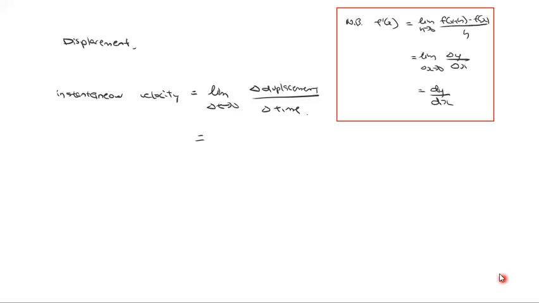The derivative. Derivative of what? This change in displacement. With respect to? Time, changing time. Correct. In other words, the instantaneous velocity is the derivative of displacement, which we will now give the letter x, with respect to time, which we will give the letter t.